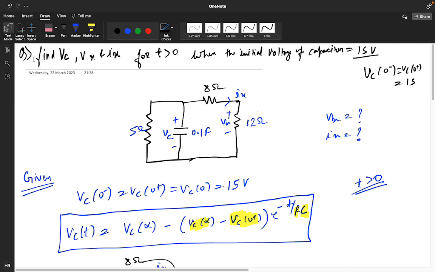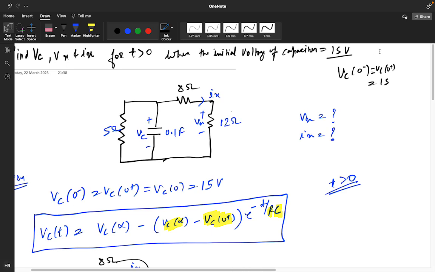What they had asked is to find the VC value, Vx value and Ix value for t greater than 0. The initial value of the capacitor is given as 15 volt.